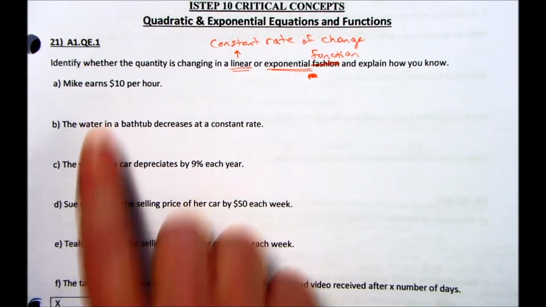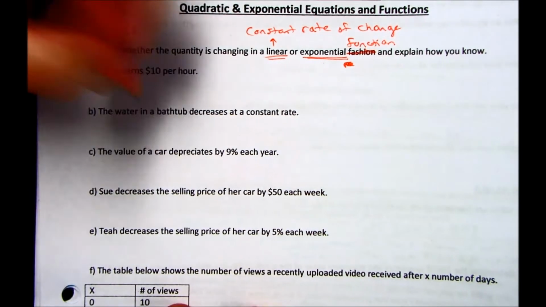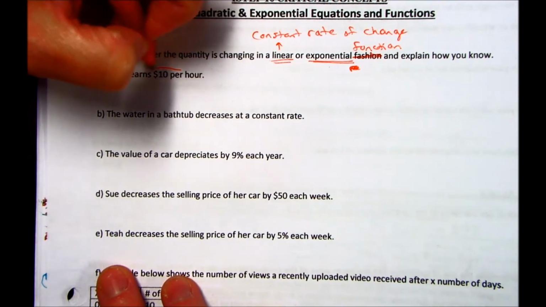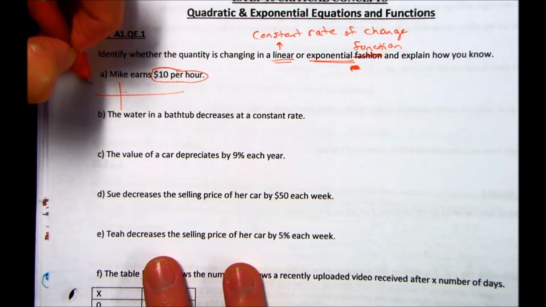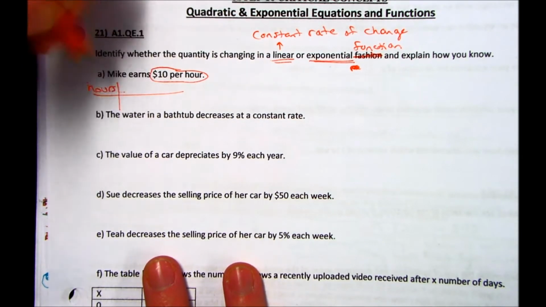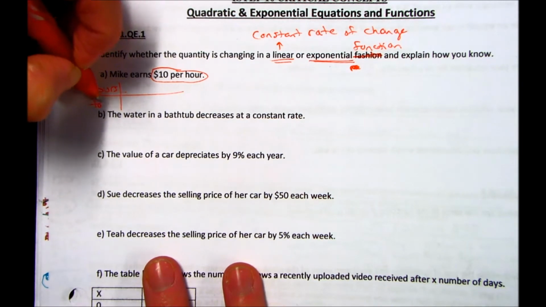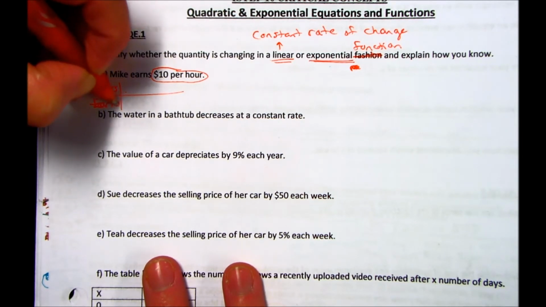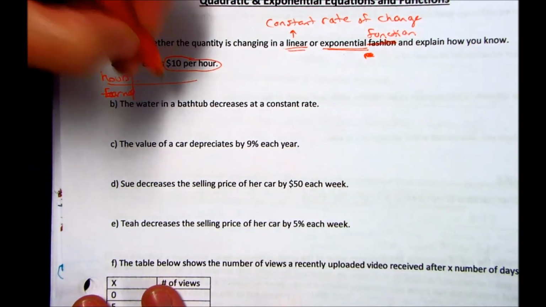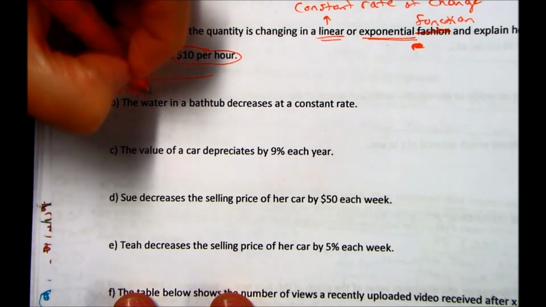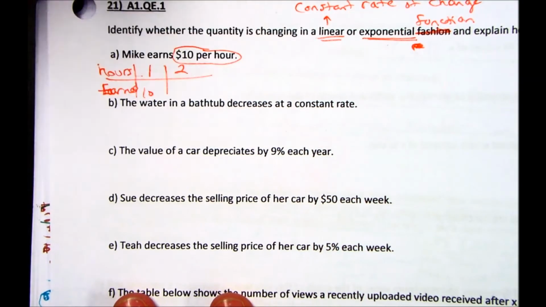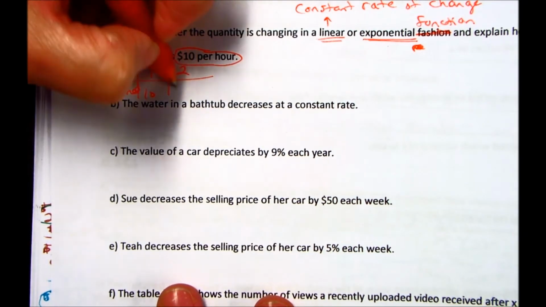All right. So if Mike earns $10 per hour, this is actually going to be a constant rate of change because every hour, if we have the number of hours and the total amount earned: if Mike works 1 hour, he's going to earn $10. If Mike works 2 hours, he's going to make $20.